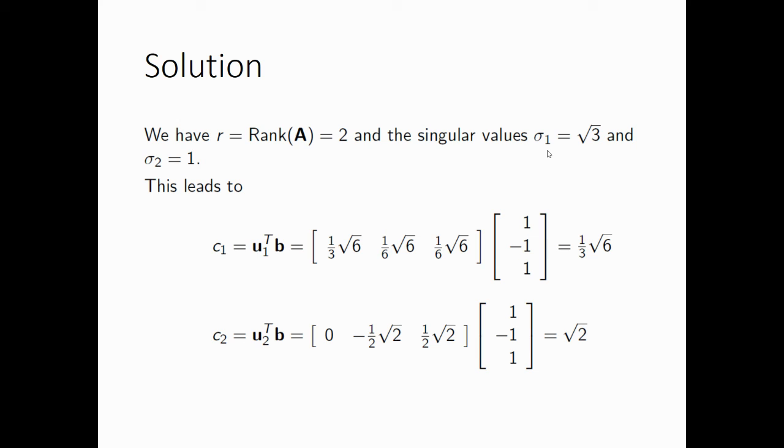So when we do this, the rank is equal to 2, and we find the singular values, square root of 3 and 1, and that leads us to obtaining values C1 and C2, which come from the singular value decomposition multiplied by the solution vector.